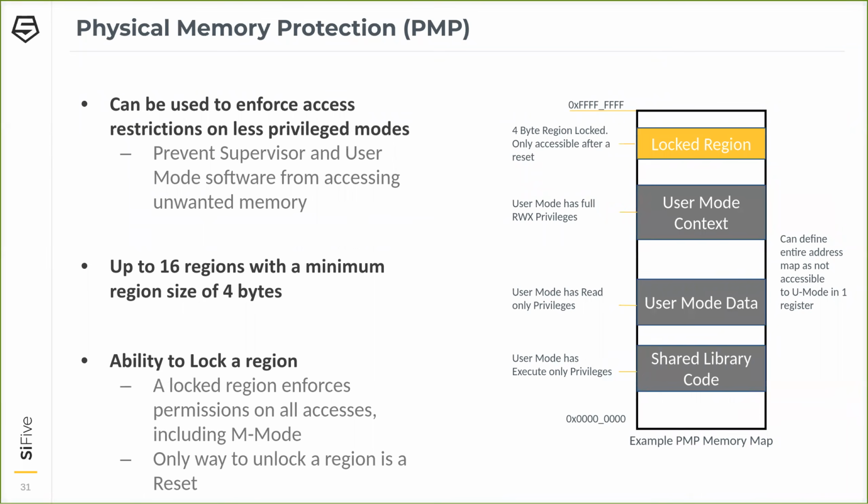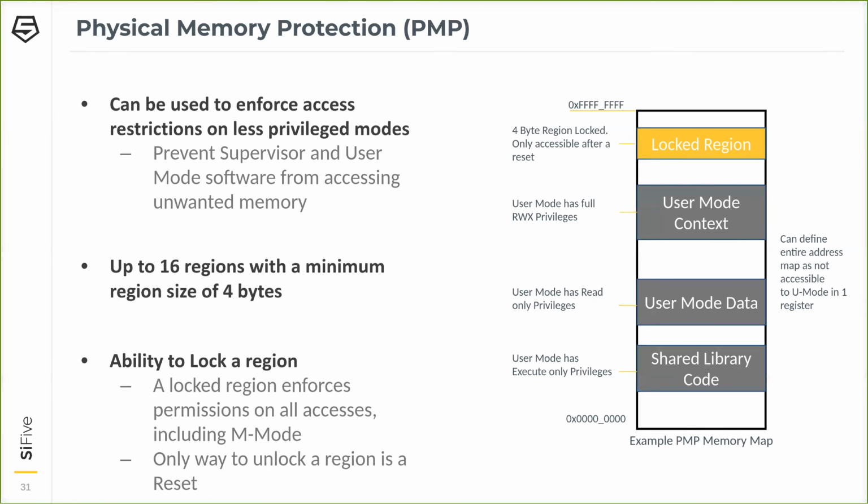The RISC-V privilege specification also defines physical memory protection. And this can be used to enforce access restrictions on lesser privileged modes. So in this way, machine mode can prevent supervisor and user mode software from accessing unwanted memory regions. And the specification defines up to 16 regions with a minimum region size of 4 bytes.